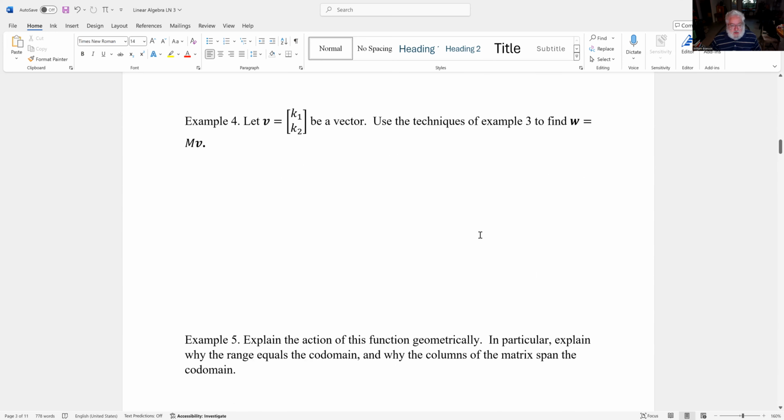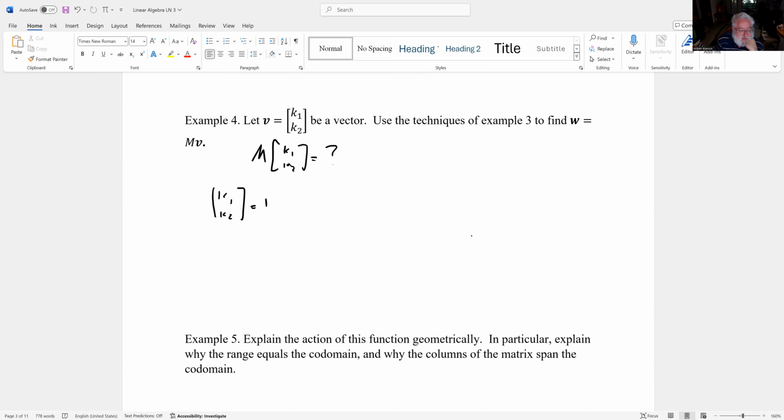So if k1, k2 is a vector, we can generalize this a little bit. M times k1, k2 equals what? Well, we know the vector k1, k2, k1 is its x-coordinate, and k2 is its y-coordinate, so we can rewrite it like this. What's m times k1i plus k2j?